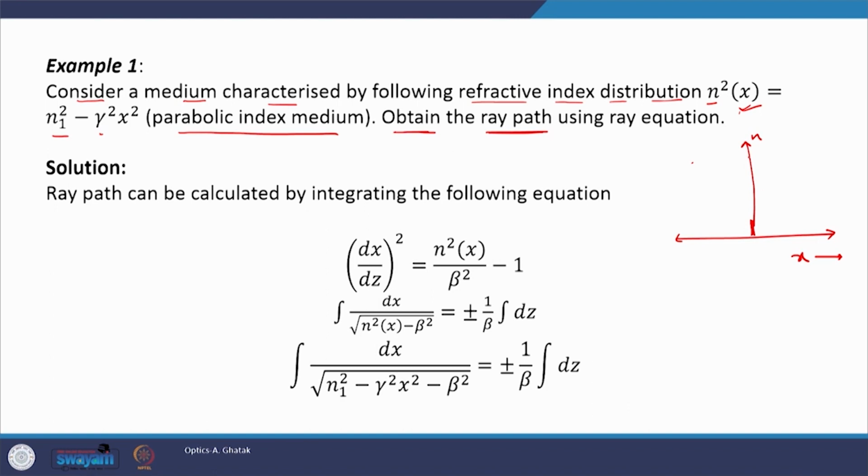It means there is a maximum value of the refractive index, which is equal to n1. If you increase x slowly, the refractive index will decrease. This is how the profile looks. This is the parabolic index profile, and the question asks for the derivation of the ray path using the ray equation.